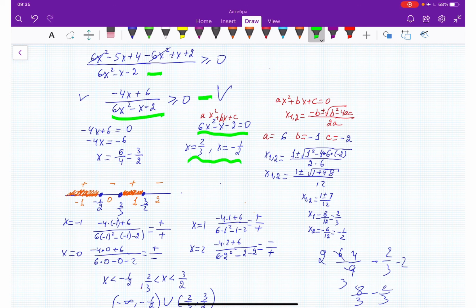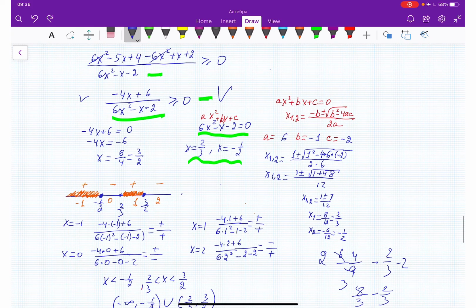So, although we have an equal sign, still 2 thirds or negative 1/2 is going to be an empty circle, because it cannot be included, otherwise it will become division by 0.